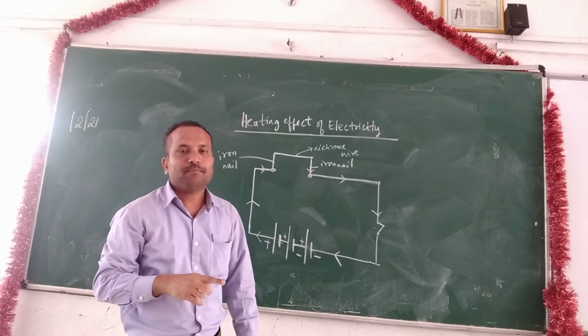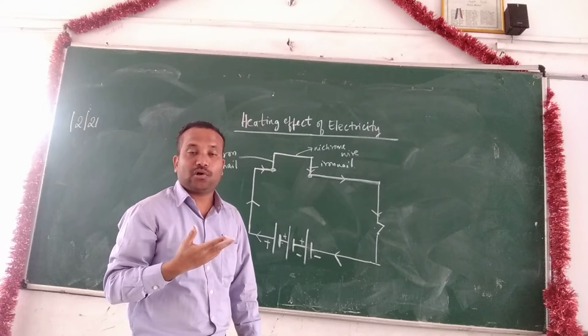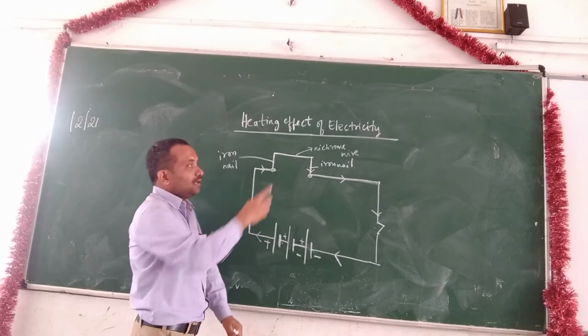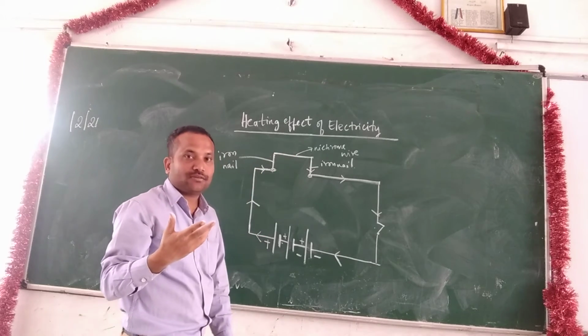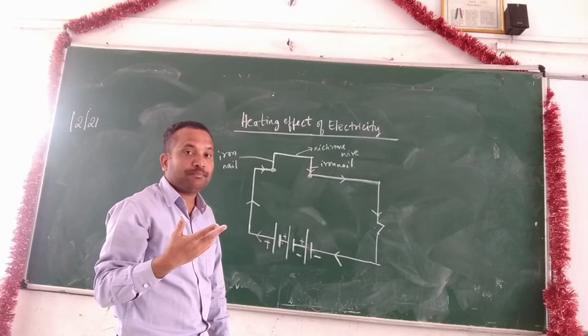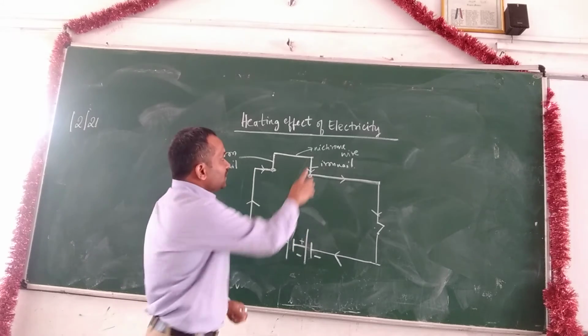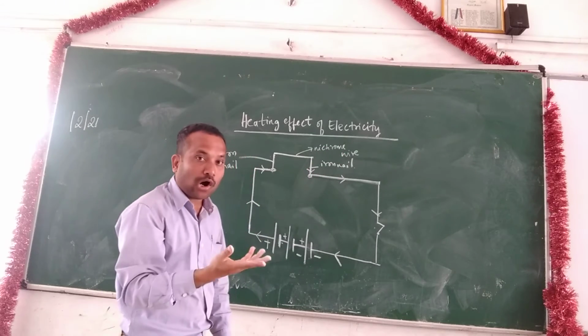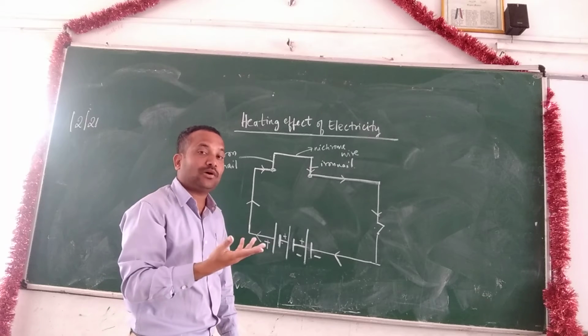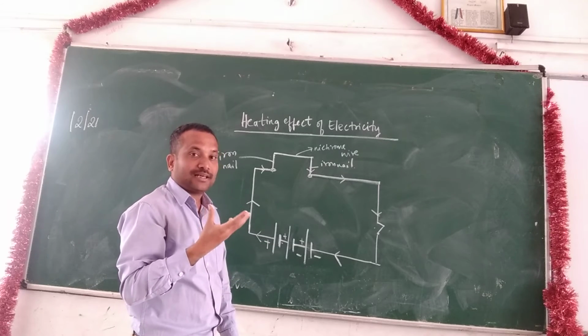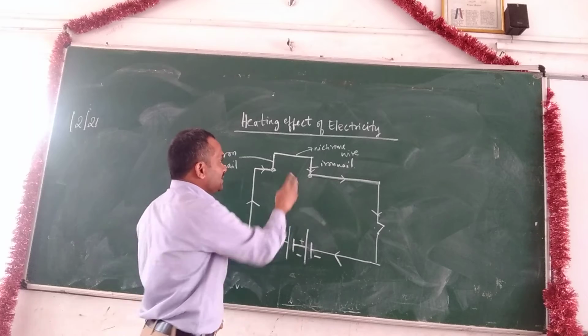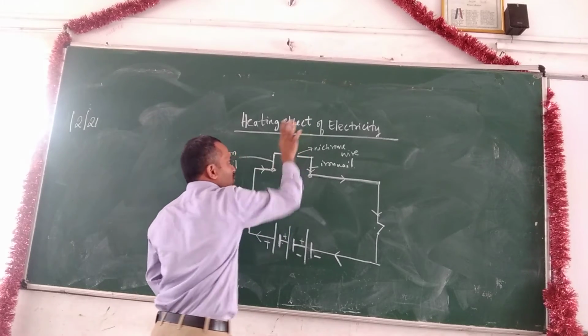After some time, when a lot of current passes through this wire, there is a chance it can become red hot. Nichrome wire can become red hot, and if it becomes red hot, it means a lot of current is inside that wire. There are chances of it getting broken also.